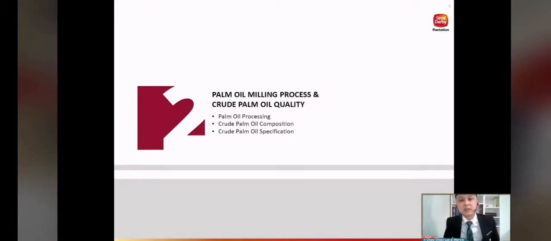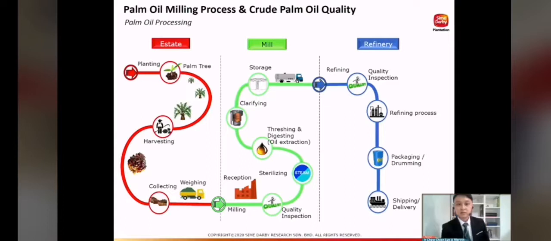Next, some general information about palm oil processes and quality. This is the general process flow for palm oil processing. Basically, the oil palm fruits from the estate are harvested and sent to the mill for extraction, and finally we get the edible oils from the refineries once processed.